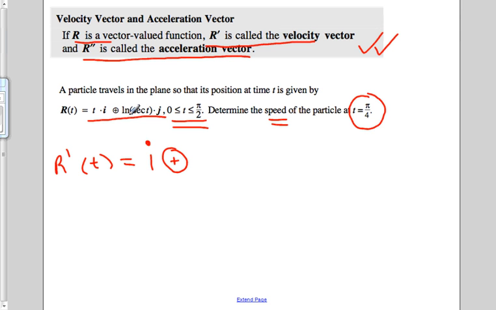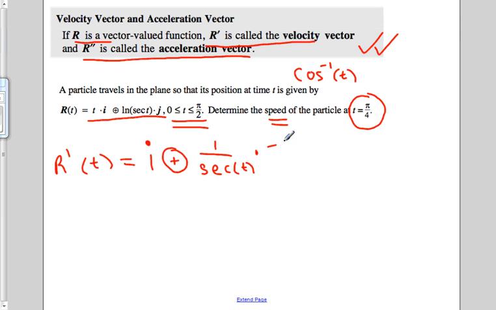plus, well, the derivative of ln of function, we're going to have to use the chain rule. So the derivative of ln is 1 over the function. And then we take the derivative of the function. So we have to remember what the derivative of secant is. Well, if you don't remember it, I like to think of that as cosine to the negative 1 of t, and then I use the power rule.